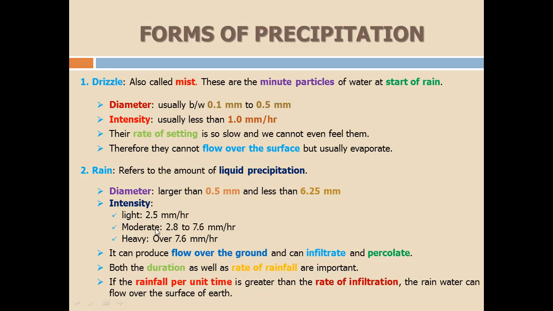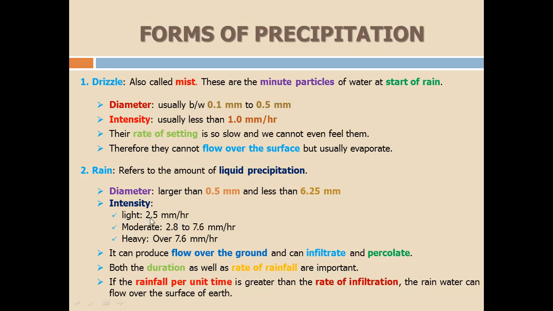Rain has three types: light rain, moderate rain, and heavy rain, and these types are according to the intensity or rate of rainfall. Light rainfall means the intensity is up to 2.5 millimeter per hour. The intensity of rain is greater than 1 millimeter per hour, because up to 1 millimeter per hour is for drizzle, and it is up to 2.5 millimeter per hour.